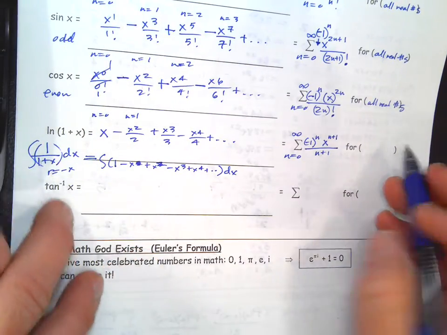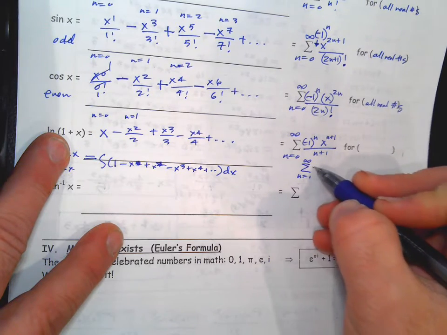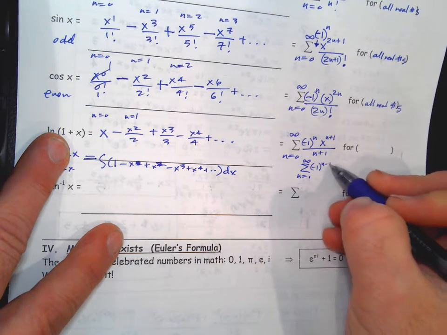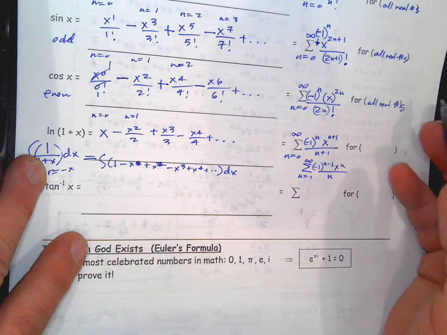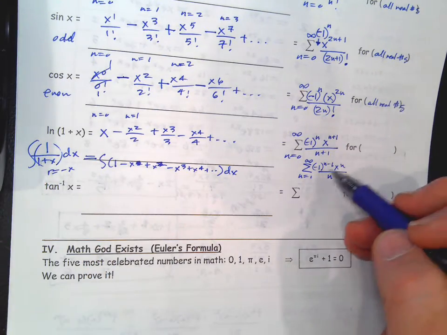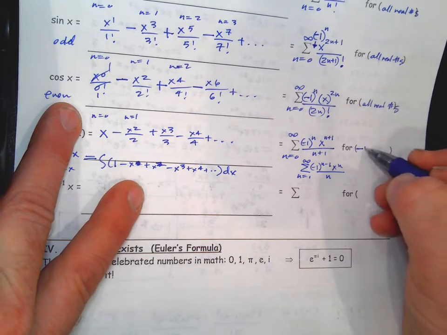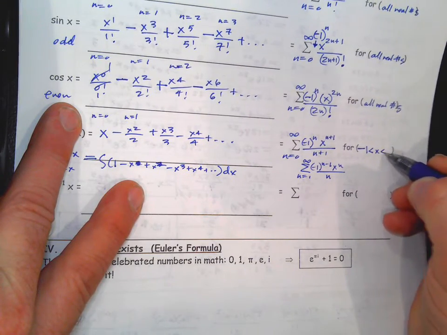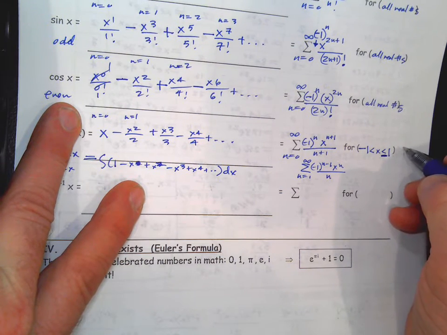Now, this one might be a nice one to start at n equals 1. If you did that, it'd be negative 1 to the n minus 1, and then just x to the n over n. Same thing. You should be able to write any of these terms starting at n equals 0 or 1 if you had to. This converges from negative 1 to 1, but it actually includes 1.